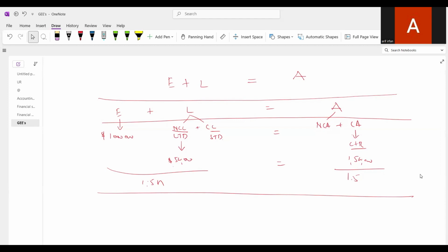So then we discussed in the last class that with the 1.5 million they purchased some assets, some inventory. The inventory was converted into finished goods, and those finished goods were sold. And then we discussed how these transactions affect the balance sheet.